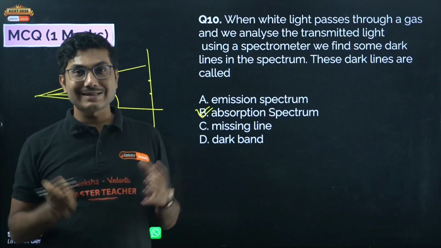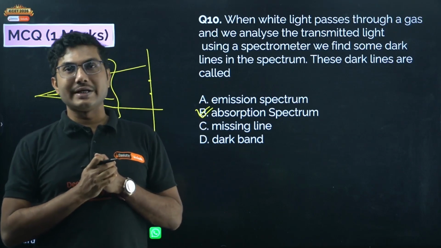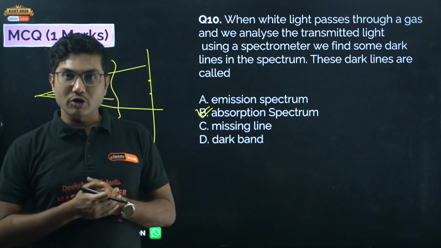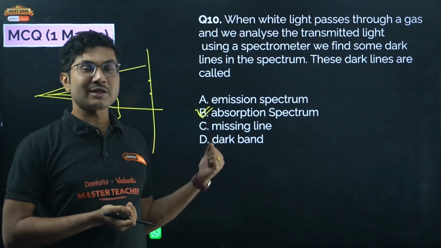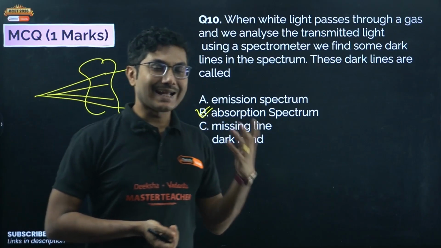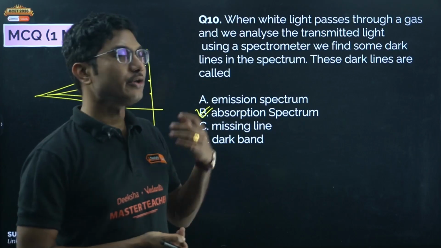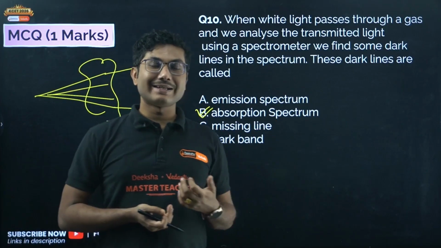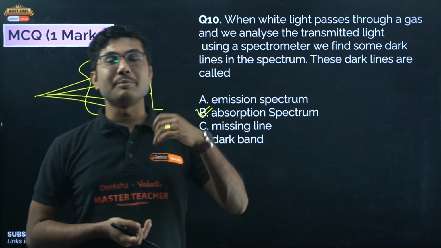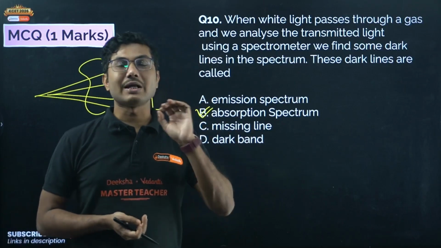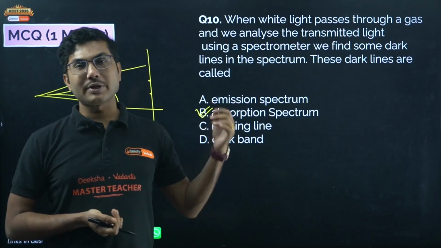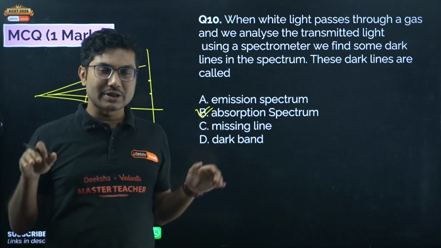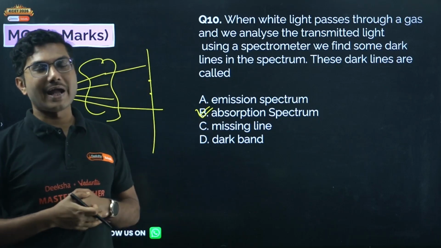That means the gases absorb those radiations and then give you the output. What is the meaning of emission spectrum? When you excite a gas, heating it up or sending some electrical energy through it, that gas automatically emits some radiation. That is called emission spectrum. So emission happens when the gas is excited, absorption happens when the gas is at a neutral state and some ray of light is passing through it.